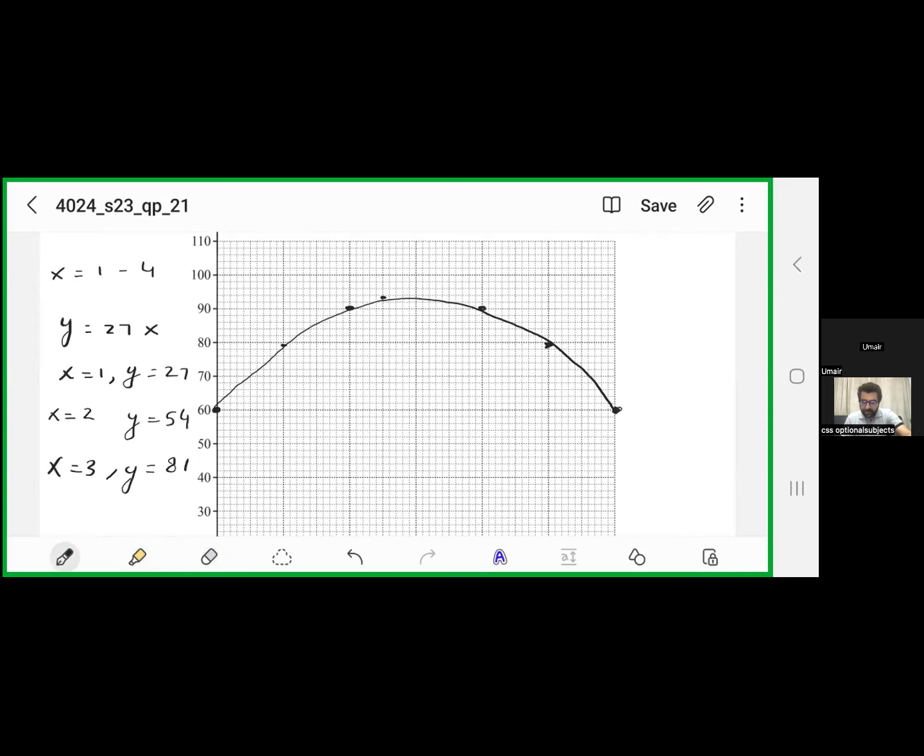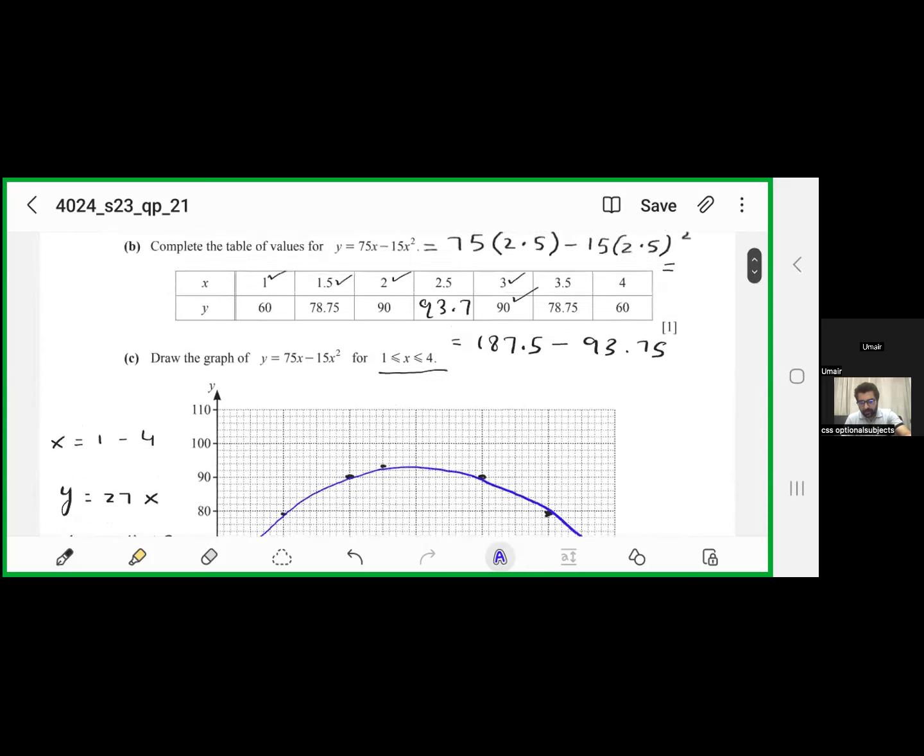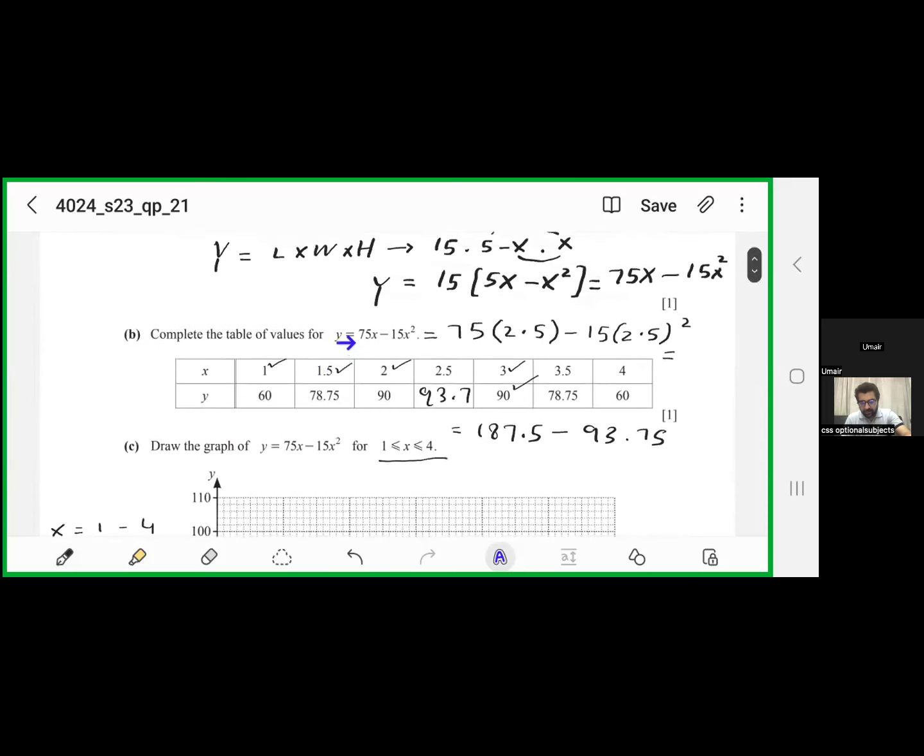Because we plotted the graph, this graph represents the cuboid. This is the graph representing the variation of the volume of cuboid from this equation, y is equal to 75x minus 15x square. This y is the volume of cuboid, and we have plotted this graph using values of x from 1 to 4.